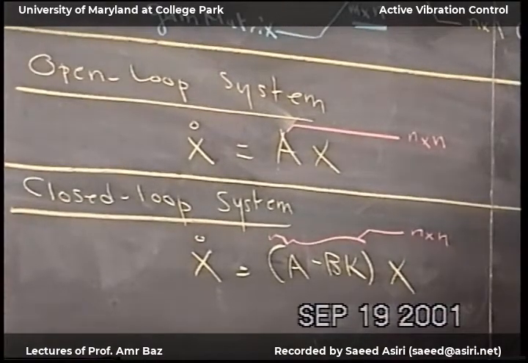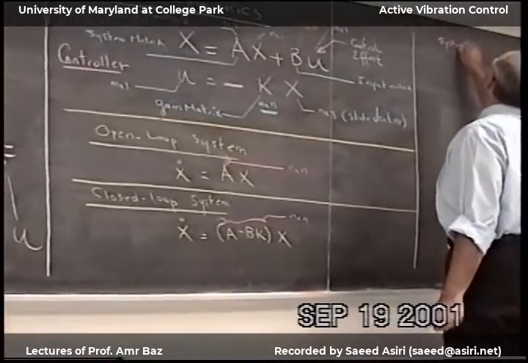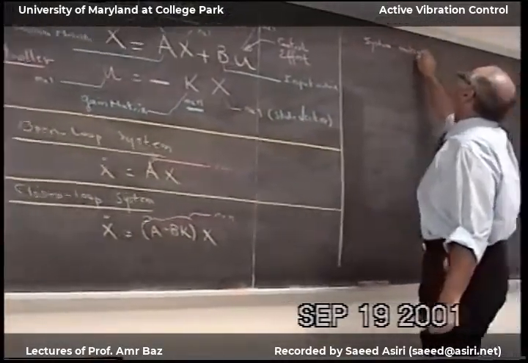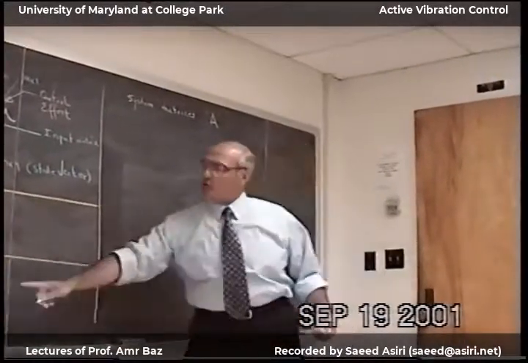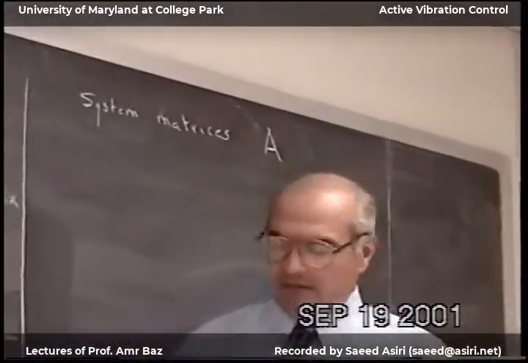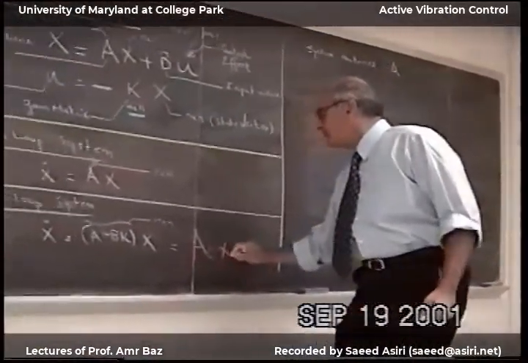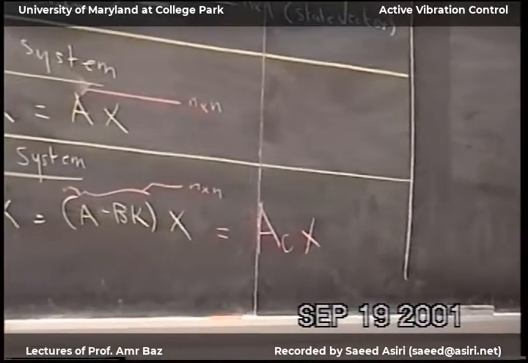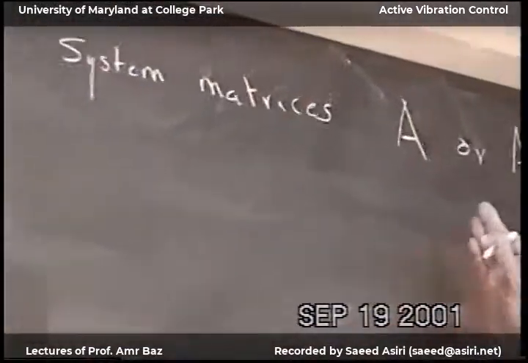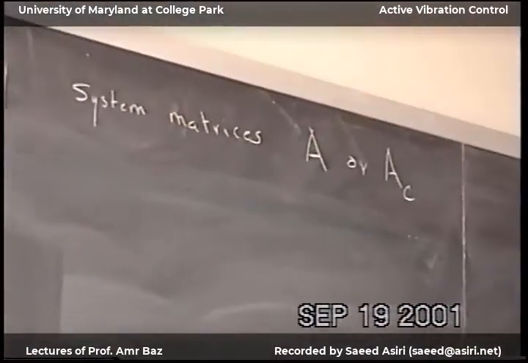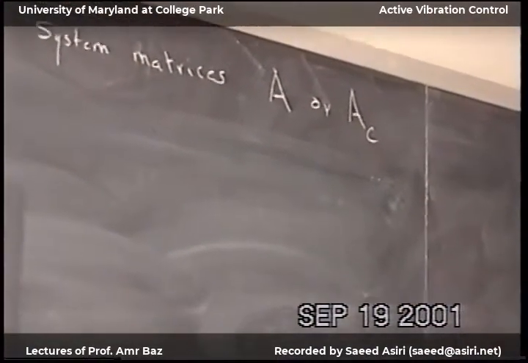So now, system matrices A or A minus BK, which I'm going to call A closed loop. These are n by n matrices, so how many eigenvalues do they have?